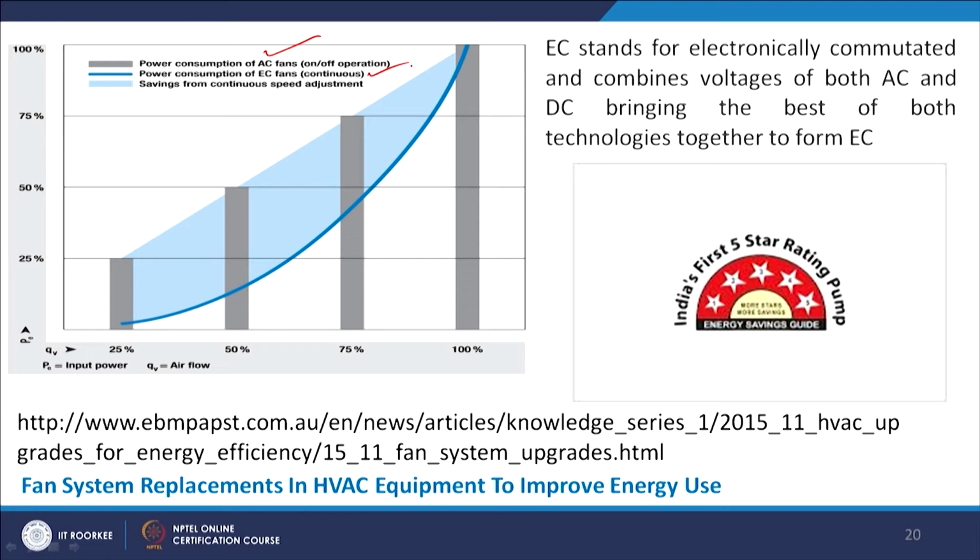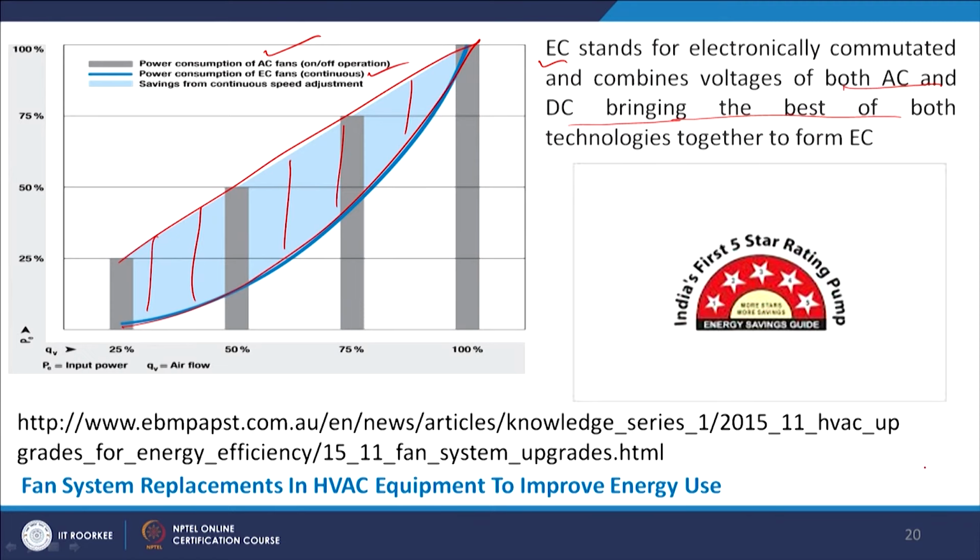If we compare, this is our EC fan power consumption, and this is AC. So, this much energy we can save. How is it possible? By the improvement in technology. EC stands for electronically commutated and combines the voltage of both AC and DC, bringing the best of both technologies together to form EC.